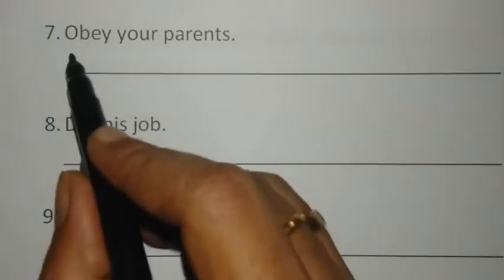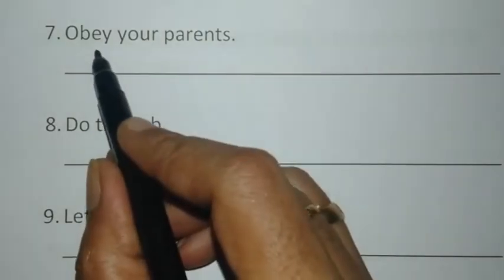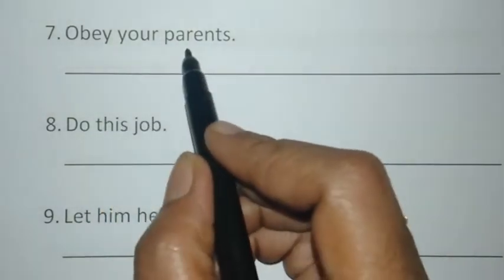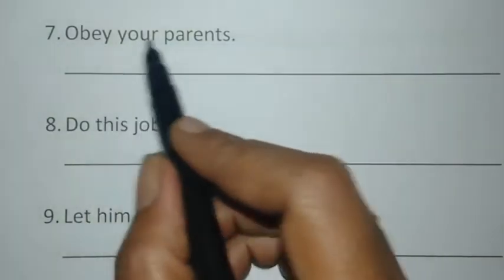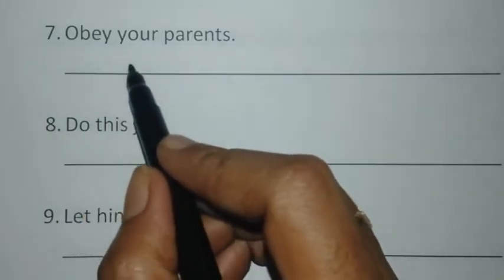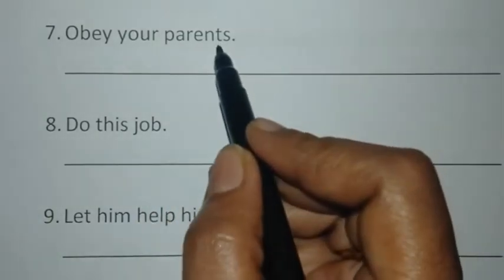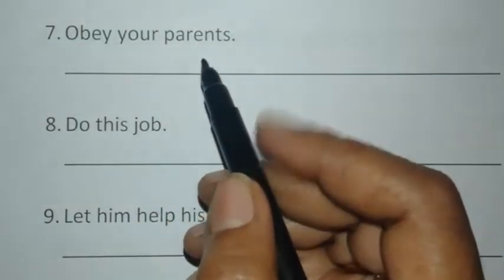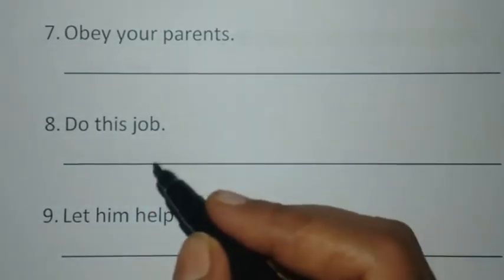Students, 7th one, obey your parents. Obey is a verb 1. Your parent is the object. Though we have verb and object, we need not start the sentence with let, because this sentence is like giving an advice. So we have to start the sentence with other pattern that you are advised to.